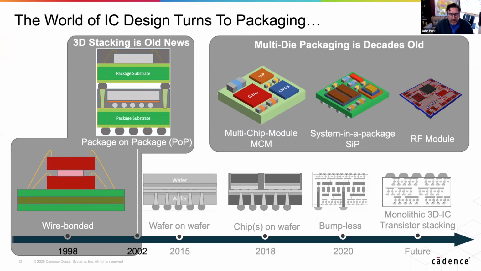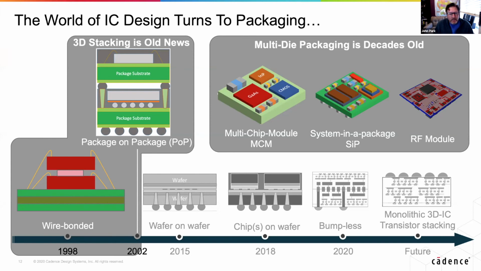using it generically, and even 3D stacking. Everyone's talking about 3D stacking now, whether it's chip on wafer, wafer on wafer, bumpless stacks, even monolithic 3D stacks. The world of 3D is not new to package design tools or package design expertise either. We've been stacking wire bond die for 15, 20 years, and we've been putting packages on top of packages, what we call package on package, or POP.